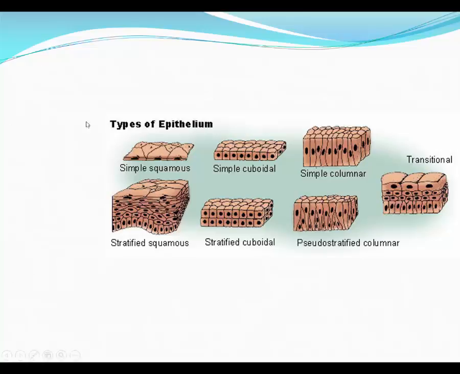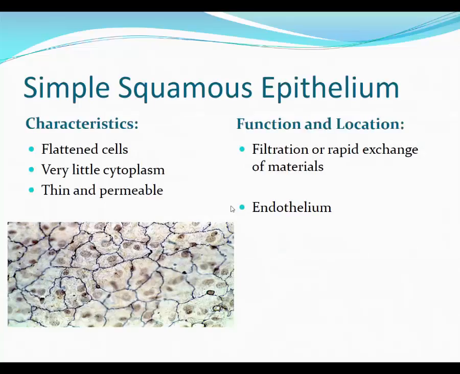You can see stratified squamous, and this one is pseudostratified, which means it kind of looks stratified, but it's actually simple. This one tells us that it kind of switches back and forth, looking like a variety of different cells. So we just give it its own little name called transitional epithelium. But the majority, we can see 5 out of the 7 here, have the 2-name system, simple or stratified.